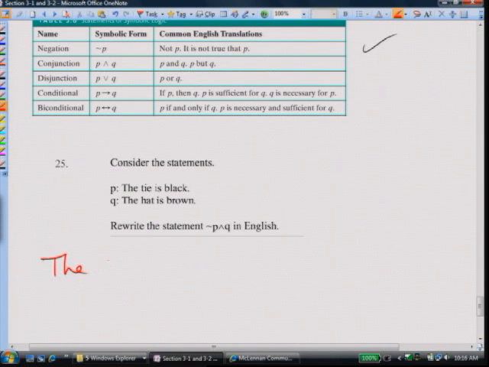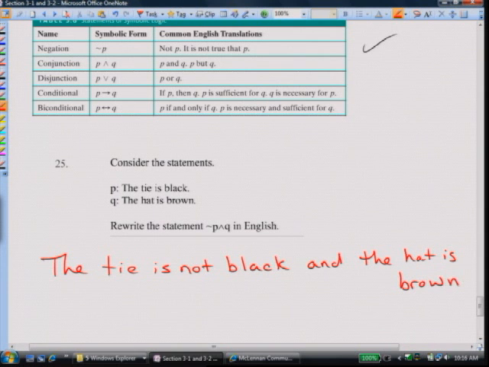The tie is not black. And for this little symbol there, the hat is brown. So this is not P, and then here's your little and symbol, and then that's your Q.